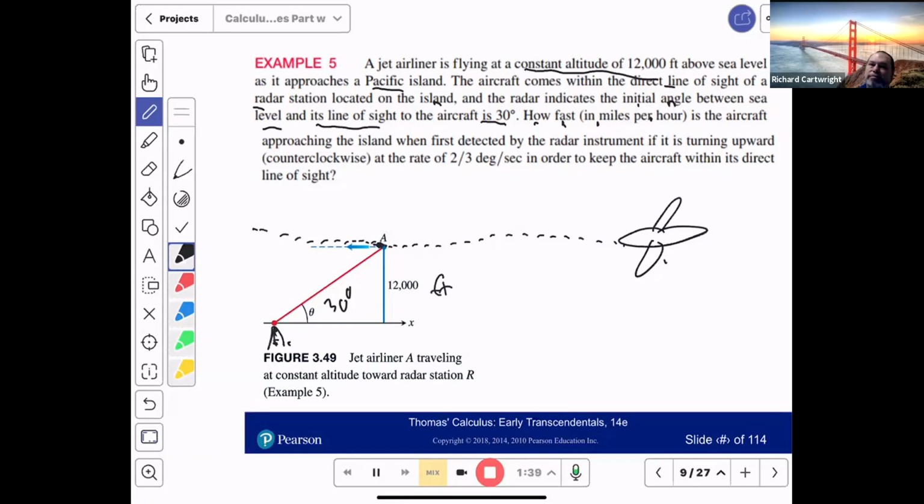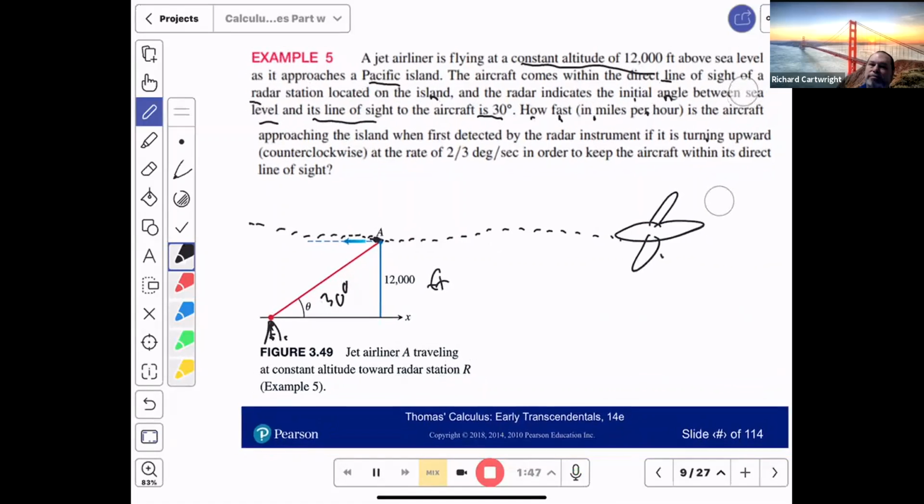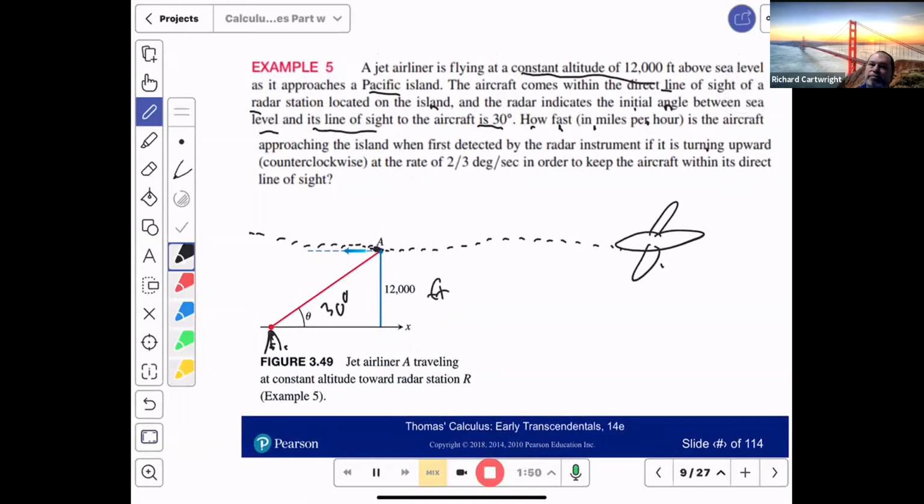by the radar instrument? What's running upwards? The angle is running upwards, counterclockwise, because think about it. If it notices it over here, the angle is changing.